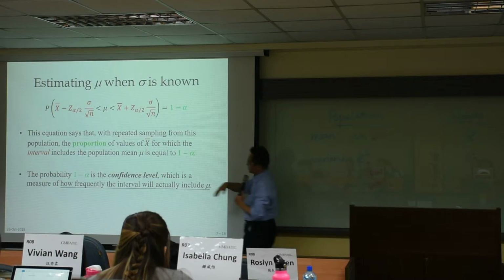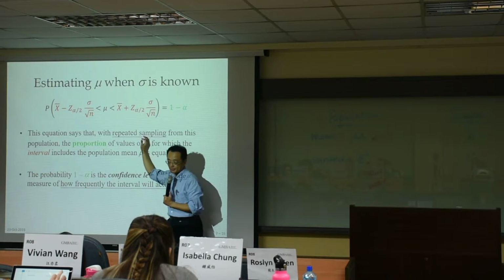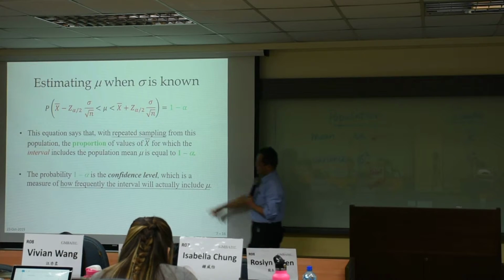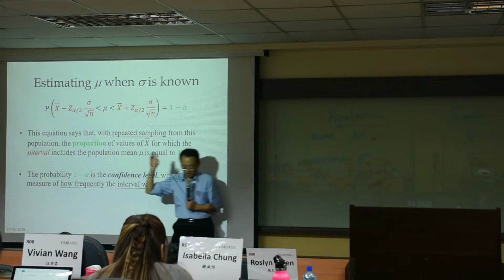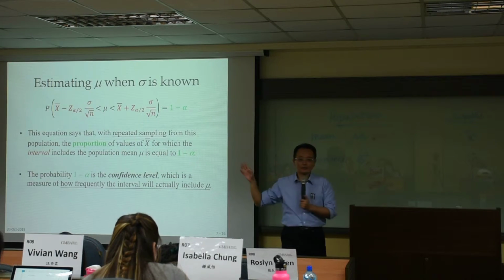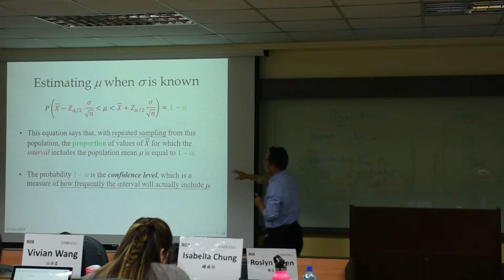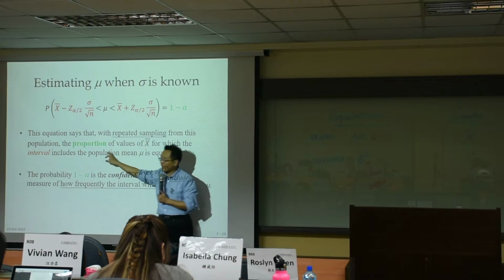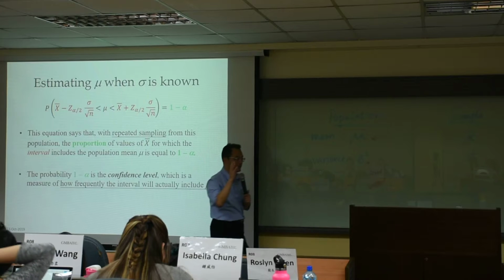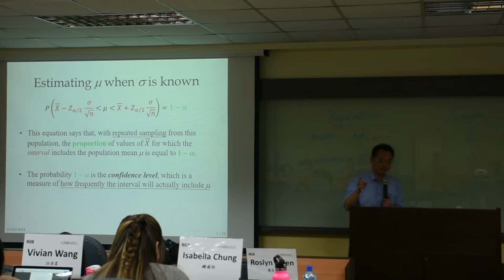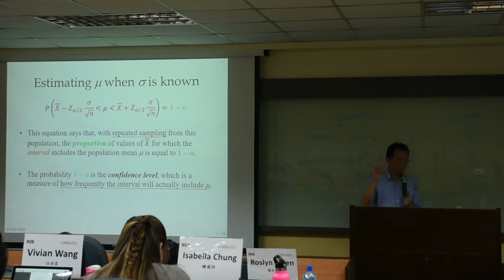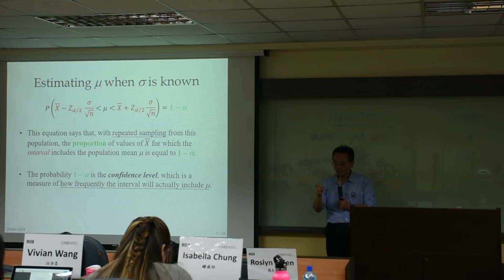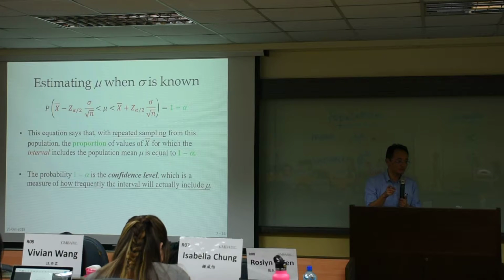Why does it say proportion? Because it is repeated sampling. And the other thing is, in such an expression, 1 minus alpha is the proportion of the values. It is incorrect to say it's the probability of the interval to capture mu. The meanings of proportion and probability are totally different.